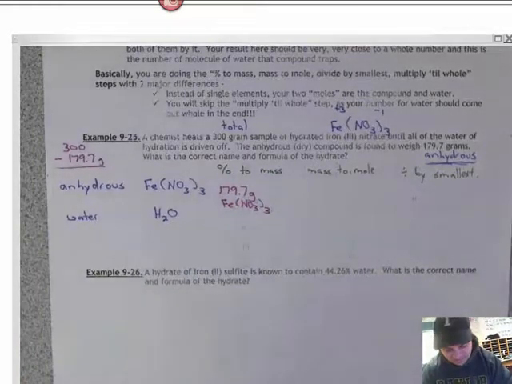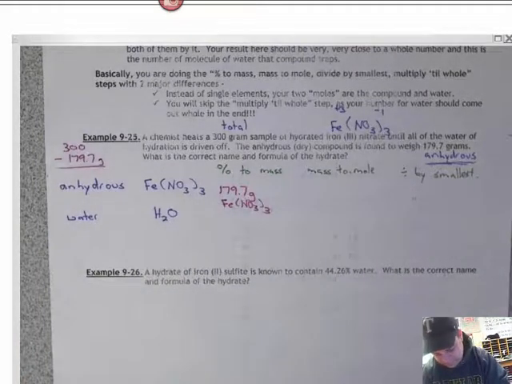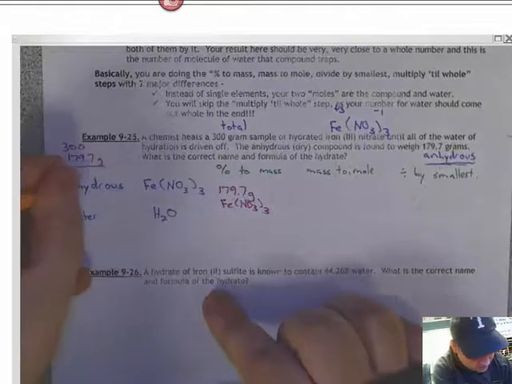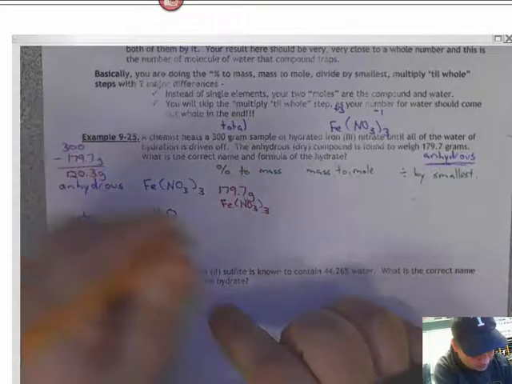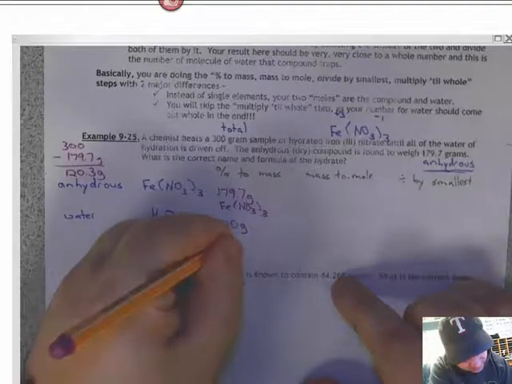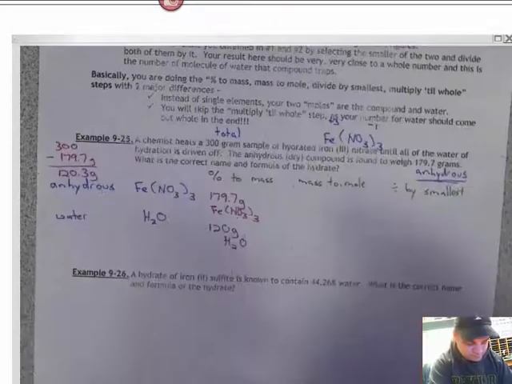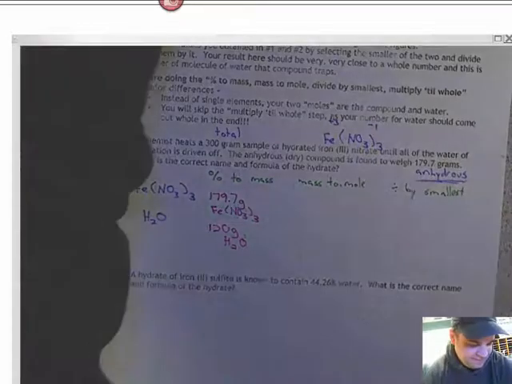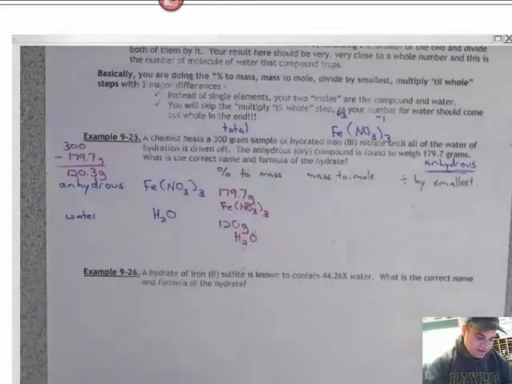And that's going to give us the total amount of water, which is 120.3 grams. So we have 120 grams of water. Step 1, percent to mass. That's what we got.